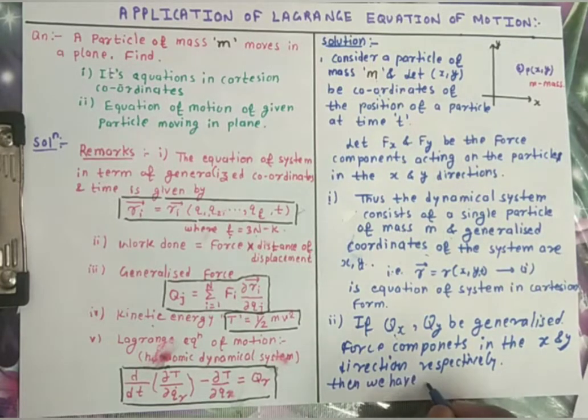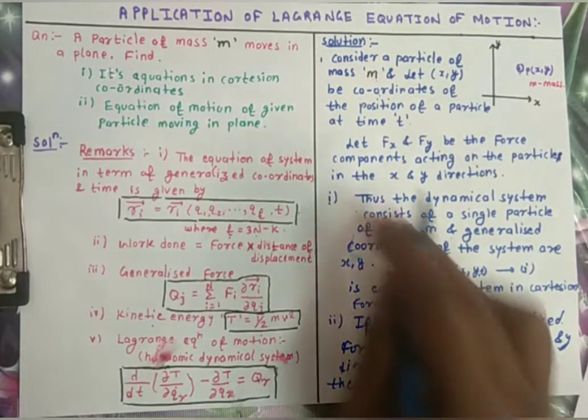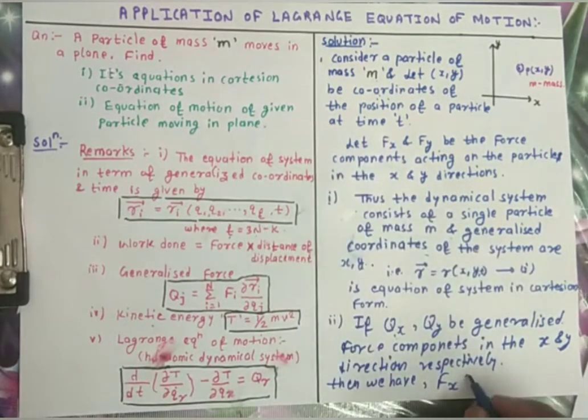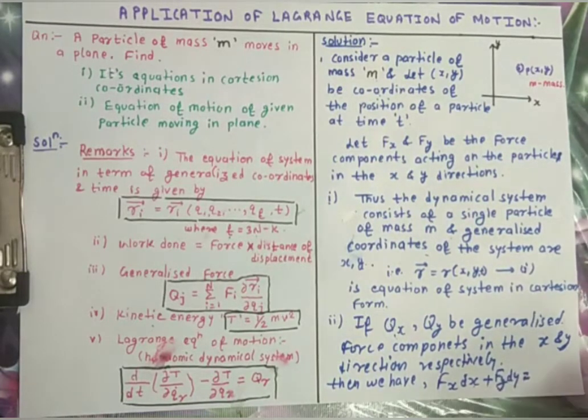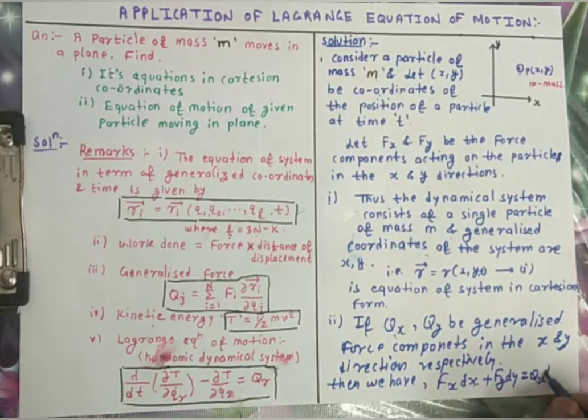Then the work done will be what? As given, Fx times the displacement in that generalized coordinate, dx, plus Fy dy, that is equal to Qx dx plus Qy dy.